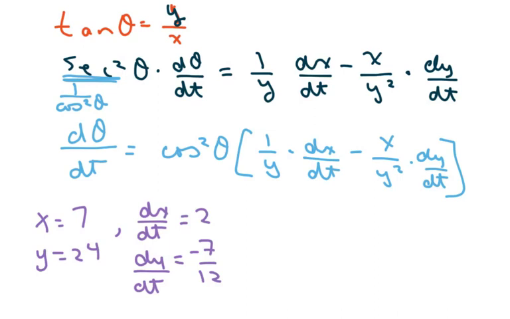you plug all this in, and we know that cosine of theta equals 24 over 25. Now we're going to plug everything in, and we're going to get the derivative of our angle with respect to t equals 24 over 25 squared.